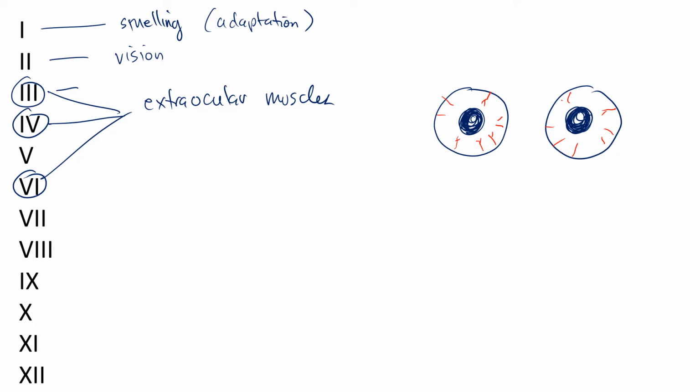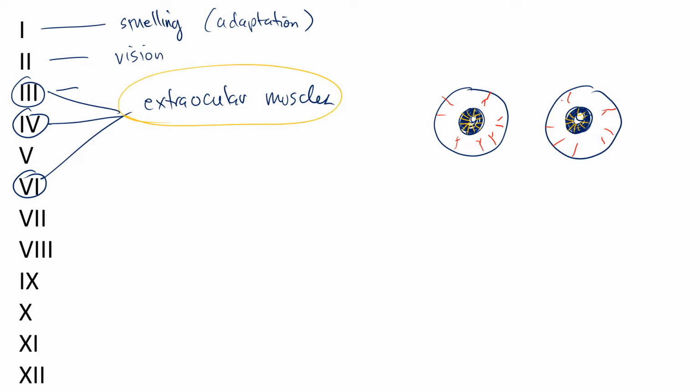When you say intraocular eye muscles, these are the muscles that control your pupils. Remember, if it's really bright, your pupils constrict, become smaller. If it's dark, your eye wants to take in a lot of light, so your pupils dilate. Those are intraocular. So we're talking about extraocular for now.